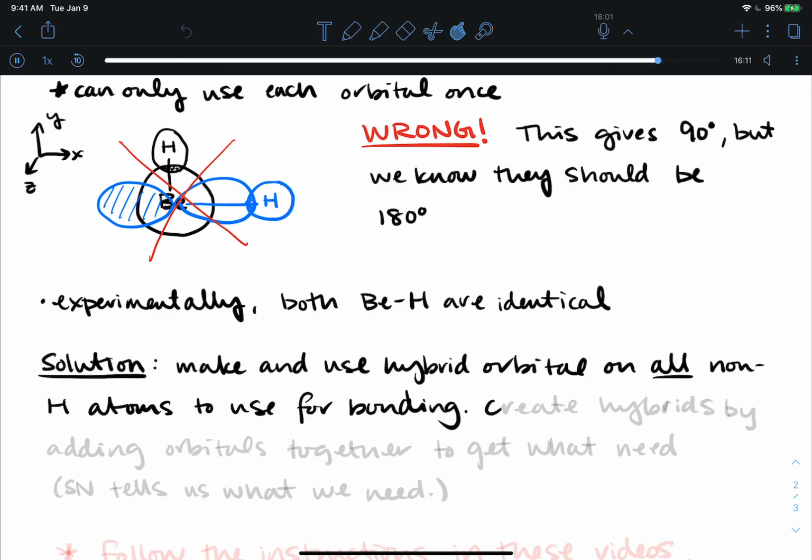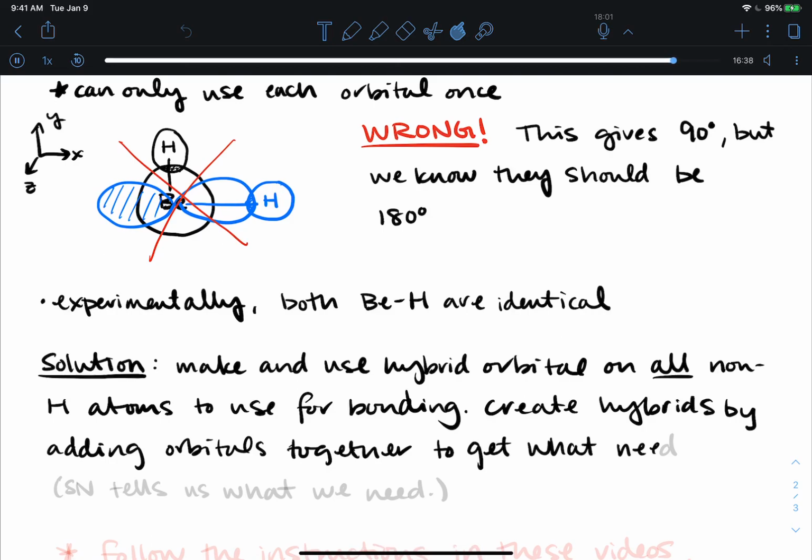We will create hybrids by adding orbitals together to get what we need. And the way that we will know what we need is by looking at the steric number.